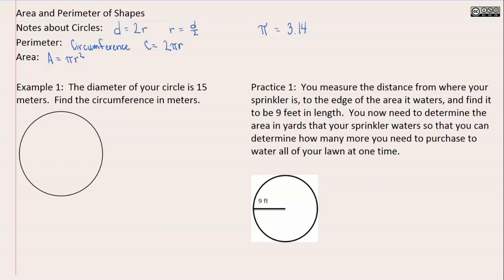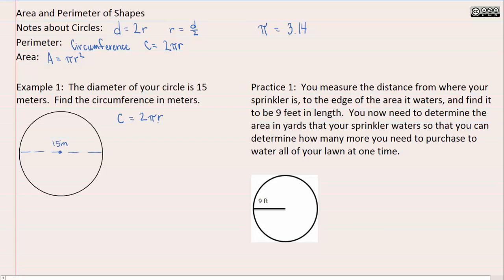Example 1 asks to find the circumference in meters, and it gives the diameter of our circle. The diameter of our circle means the distance all the way across going through the center point. The diameter is 15 meters. To find the circumference, we will be using the formula C equals 2 pi r.